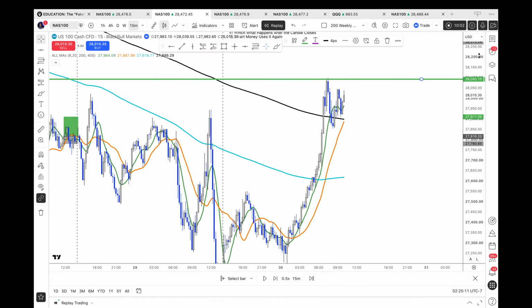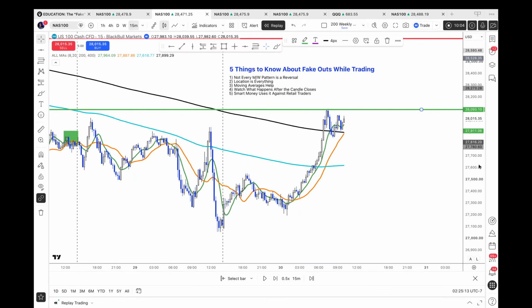So those are the 5 things that I would say I learned about fake outs while trading. And most of this has been a conversation from 2026. I wasn't really drilling down into the M and W patterns to really know the difference between when the market was using it to fake traders out versus just a pattern.